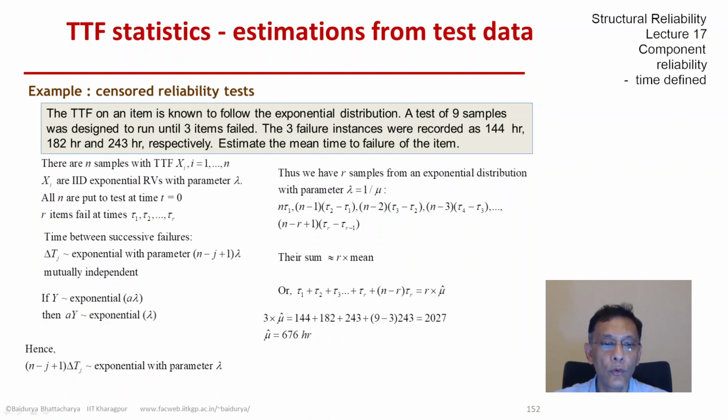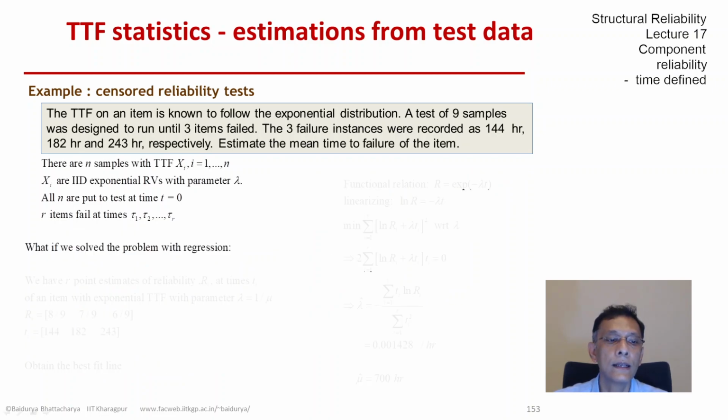Now, we could wonder, with this problem statement that we started with, what if we, instead of going with these independent exponentials, which by the way would lead to a gamma or Erlang distributed random variable for the sum, and we could show later on that this estimate is biased because of the way it's been computed, but we will not go into those details of more advanced statistical concepts.